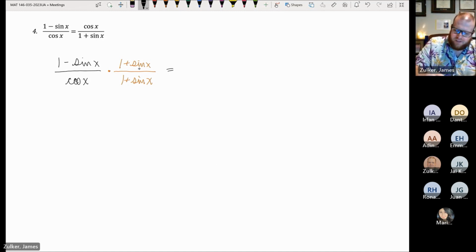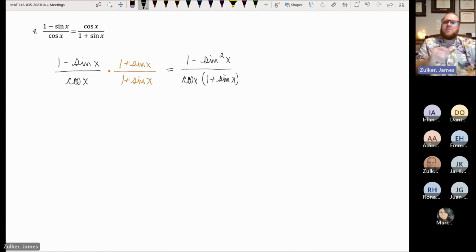The numerator is the difference of squares now, right? 1 minus sine squared.